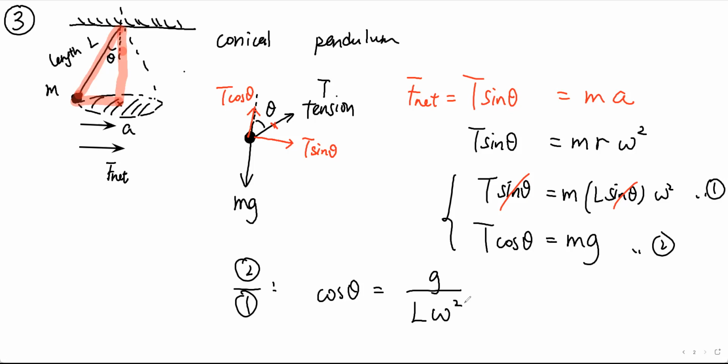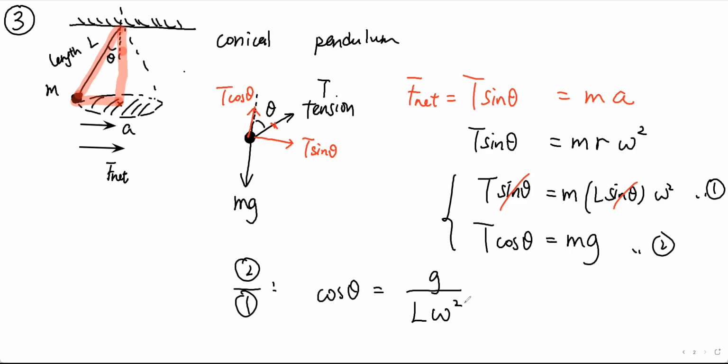Do you see that? Okay, can you do this algebra? mg over m L omega squared. The mass can cancel out when you do the division.